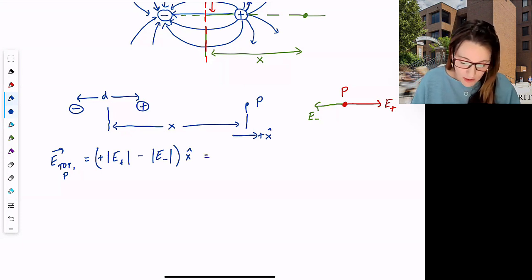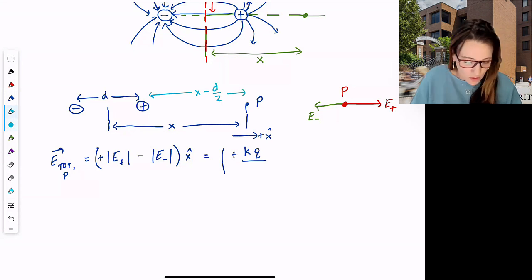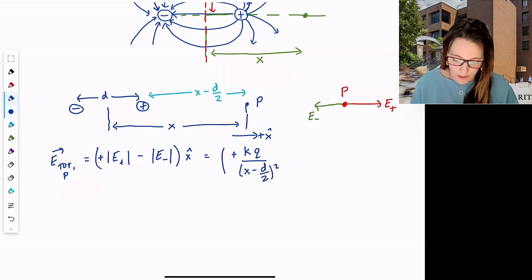Now I can go ahead and use the equation I have for my point charge. That's going to be k q over, and the distance from point P to my positive charge is going to be x minus d over 2. So the bottom term for that r is going to be x minus d over 2 quantity squared.